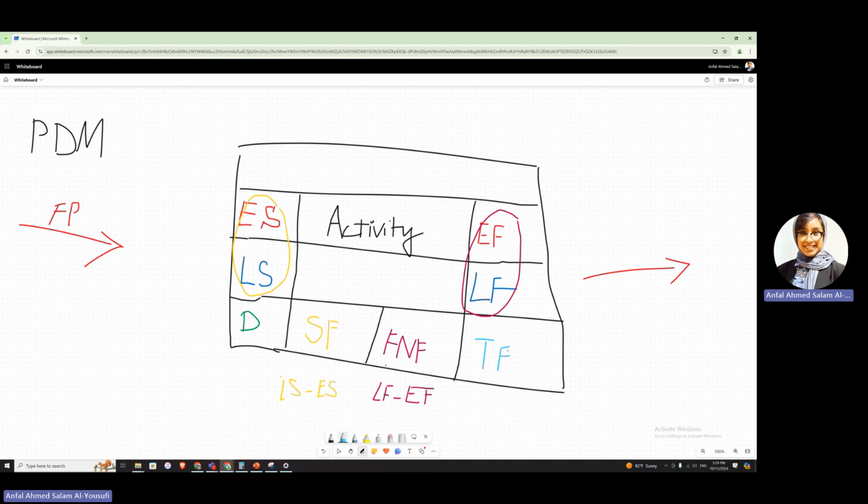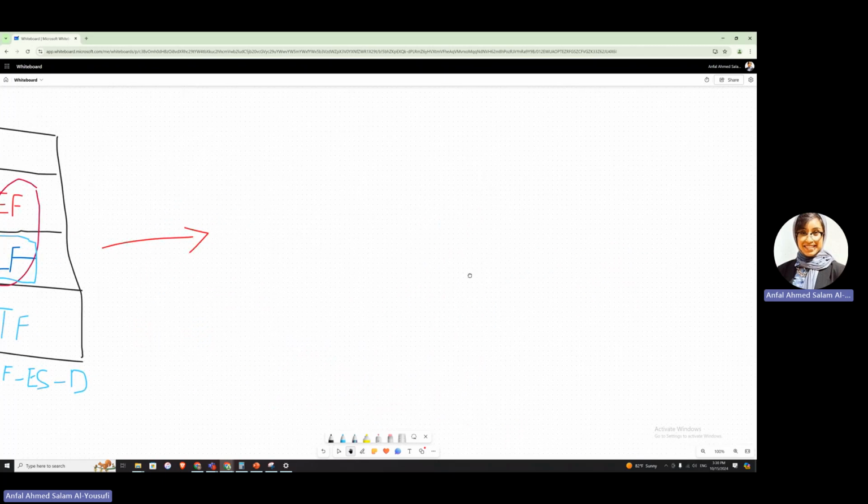Total float is basically late finish minus early start minus the duration. Okay, hope that is clear. So that is basically a very fast recap of what exactly PDM would look like.